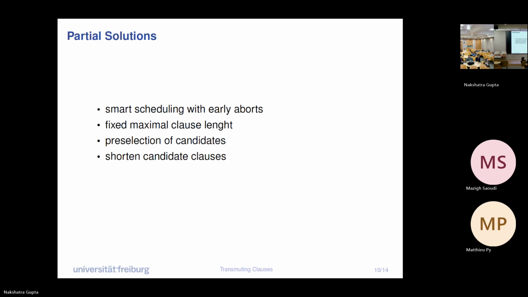So let's look at some partial solutions. First of all, we could see from the basic algorithm without any optimizations that this is probably going to be an expensive technique. So what we want to do is schedule it smartly, not just run it until it's completed and then get back to CDCL, because by that time probably our timeout is gone.